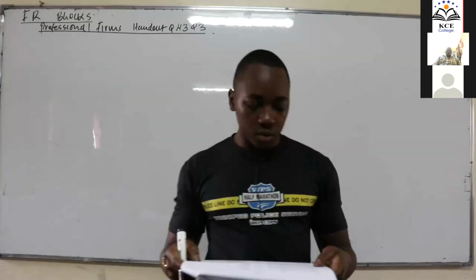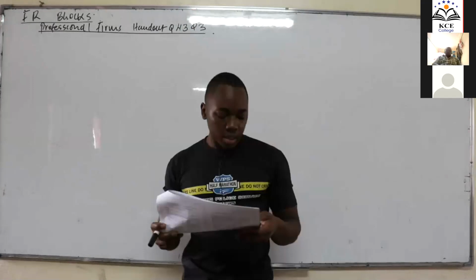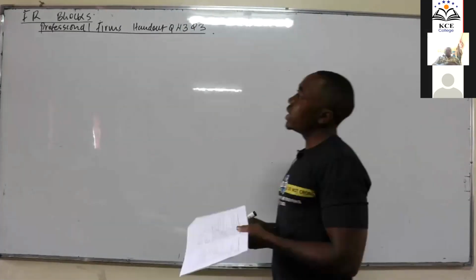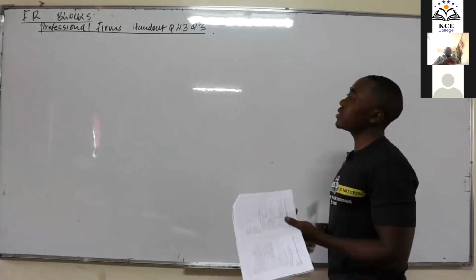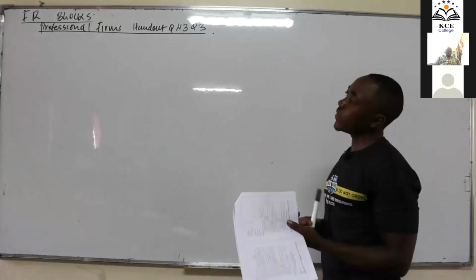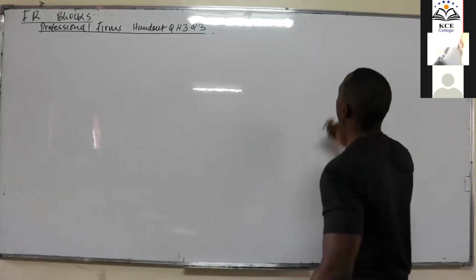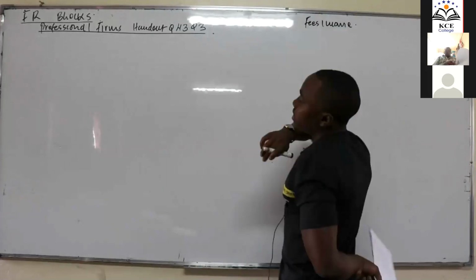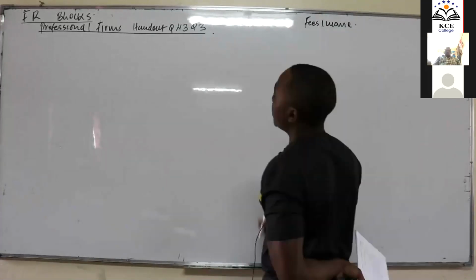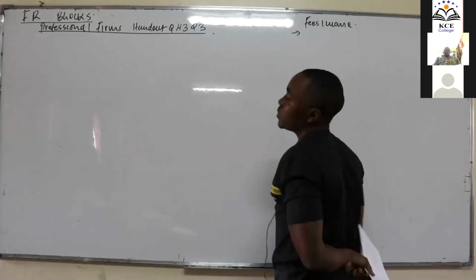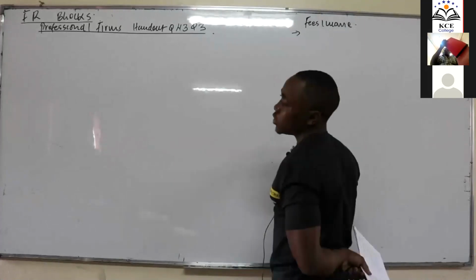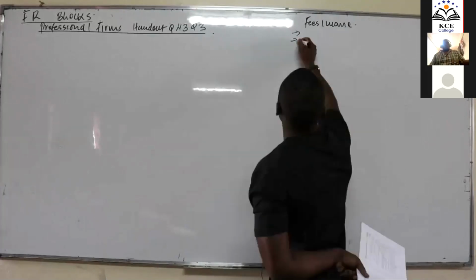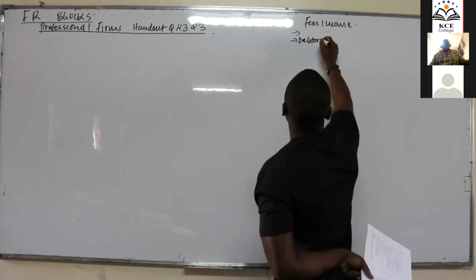Just a quick recap on how to account for professional firms. Those are the advocates, and we say that they are professional firms which offer legal advice for their clients at a consideration known as the fees income. Then we say that there are 3 major accounts prepared. One was the cash book and cash at bank, which should be a 2-column, that is for the office and for the client. Then debtors and disbursement account.